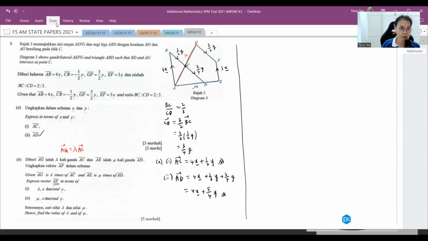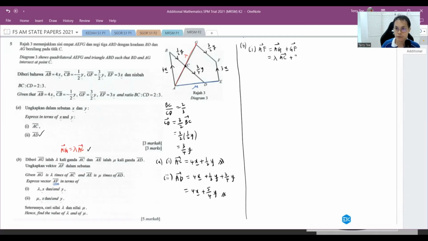We are finding AF. So for the first part, I would write A to F as A to G plus G to F. You're finding two versions of AF, one in terms of lambda. If it's in terms of lambda, I must use this one. My AG is lambda AC.